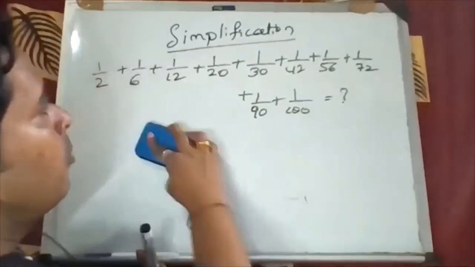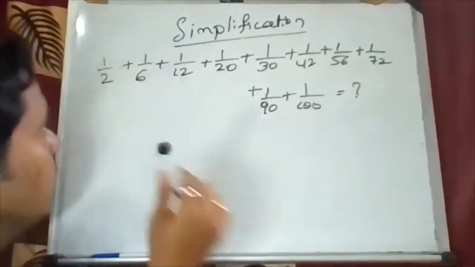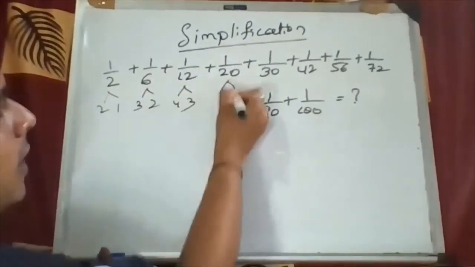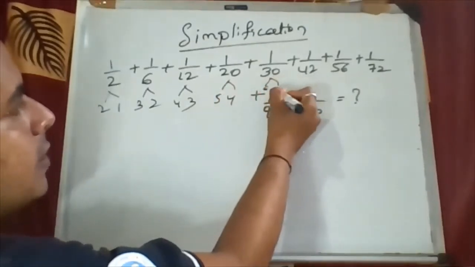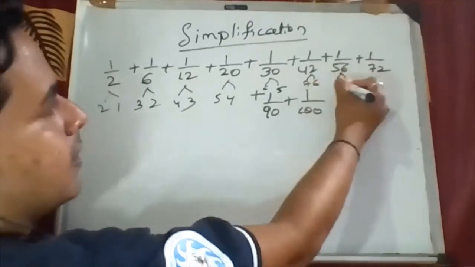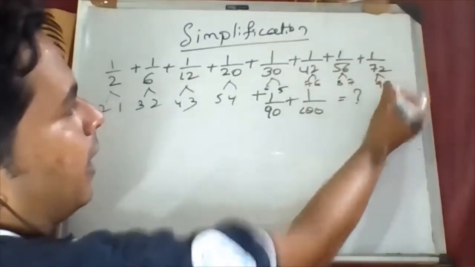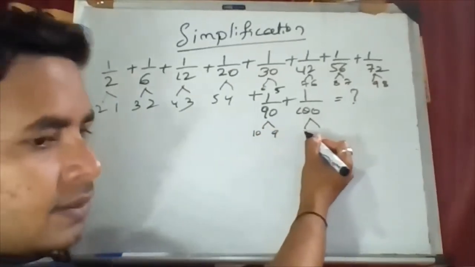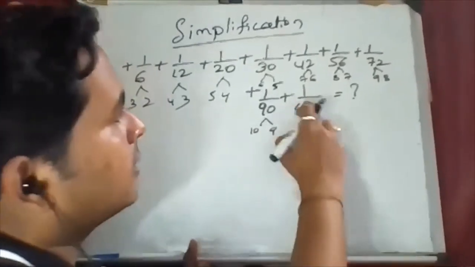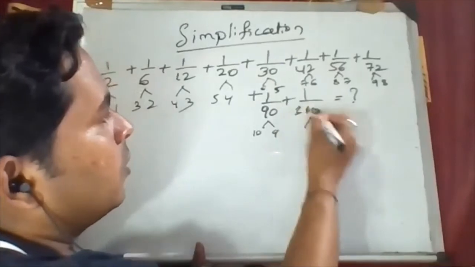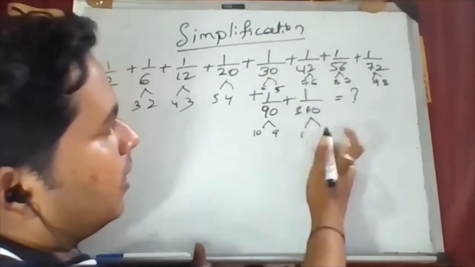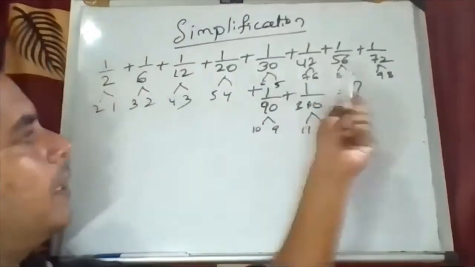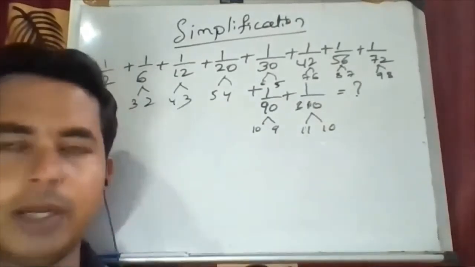So what I'll do now, numerator is 1, and if I check all the values of factors, it is 2 1, it is 3 2, it is 4 3, it is 5 4, it is 6 5, it is 7 6, it is 8 7, it is 9 8, and this is 10 9, and this last one, sorry, this is not 100, this is 110. So this one will be 11 10.